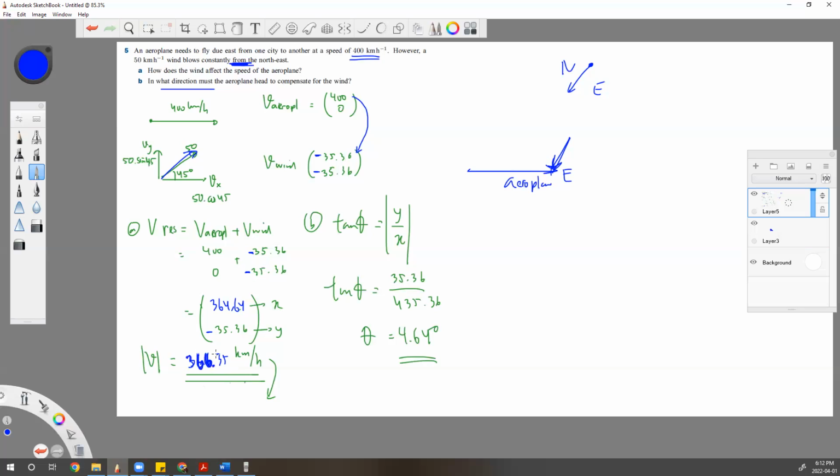Okay, it becomes this, and it is decreased by the wind blowing. It's from, yeah, Vicky. From means from the northeast, striking the plane that travels east. So it is annihilating one another. In what direction does the airplane head?